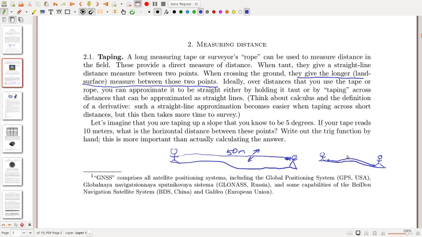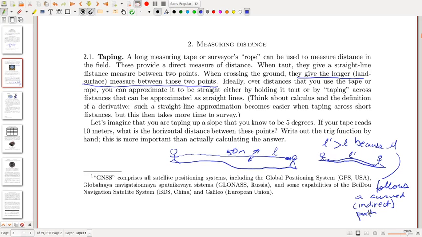And so this distance, I'll call this L prime, and I'll call this distance L. And what we know is that L prime has to be greater than L because it follows a curved, in other words, indirect path. And so that's just one thing to be aware of.